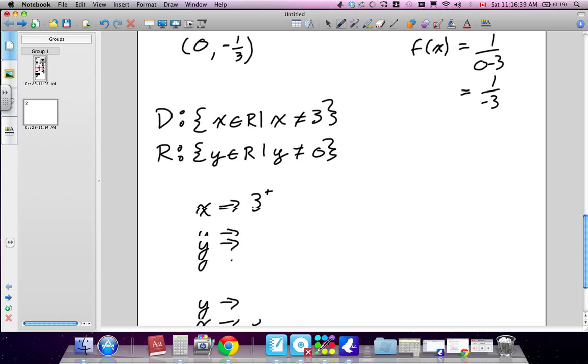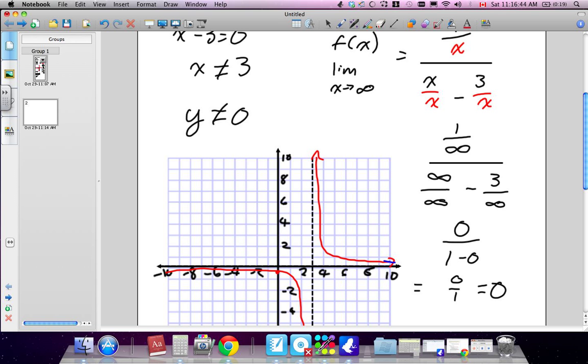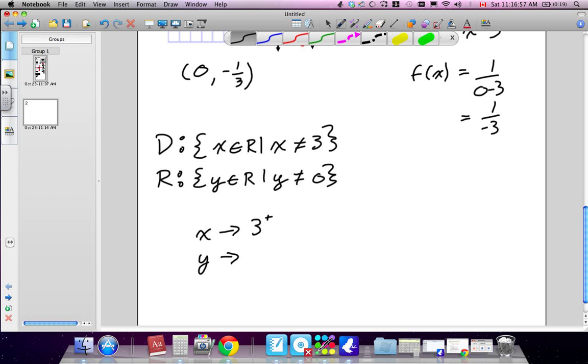So as x is approaching 3 from the right, see how I'm coming from the right side? Yeah. What's y approaching? It's going up to infinity. Oh, I didn't learn this. You've learned this? Yeah. Oh, okay, good. Y is approaching positive infinity. Okay? So that's one of our sets.